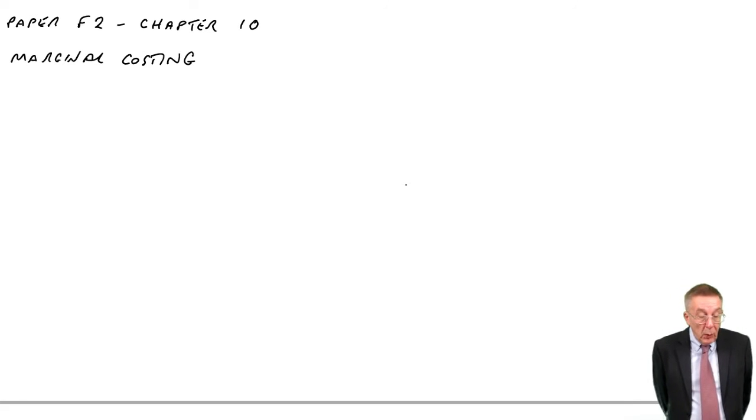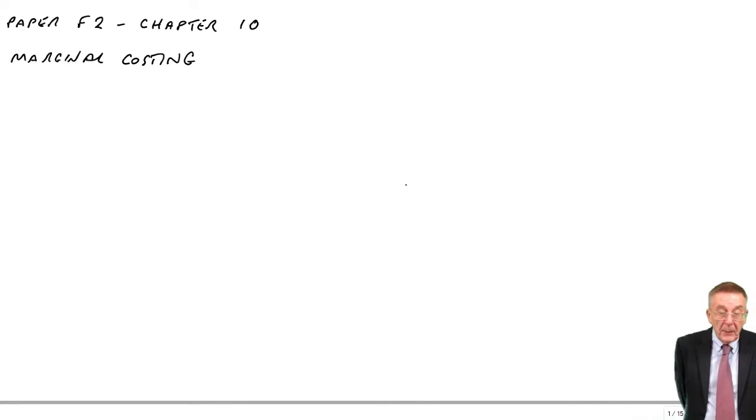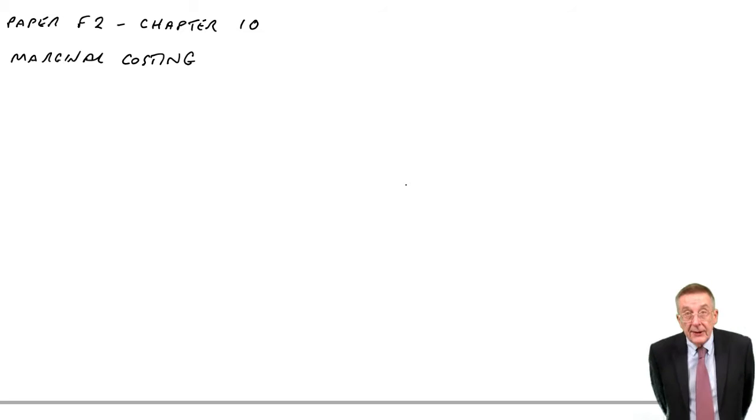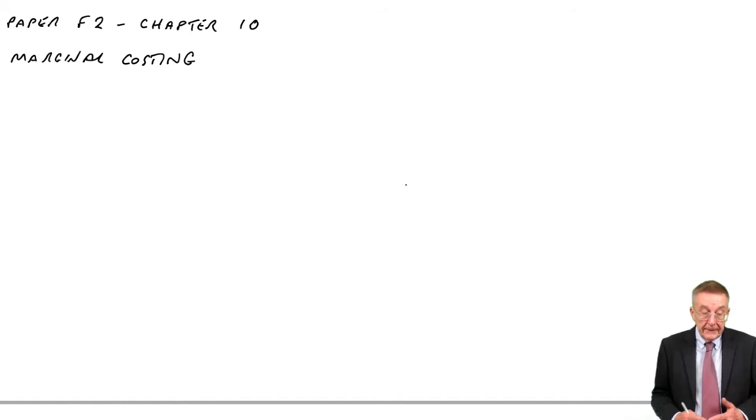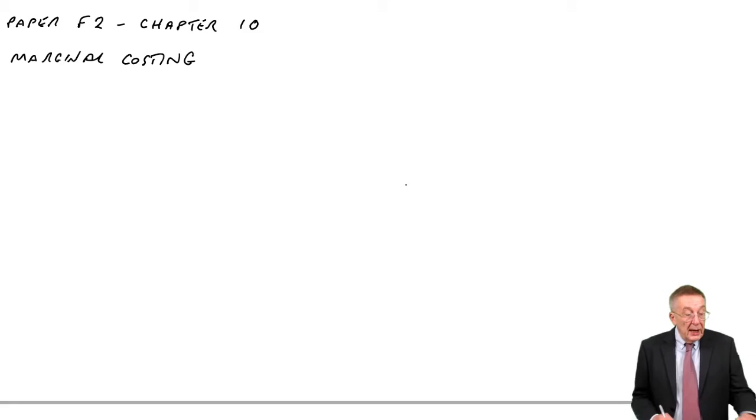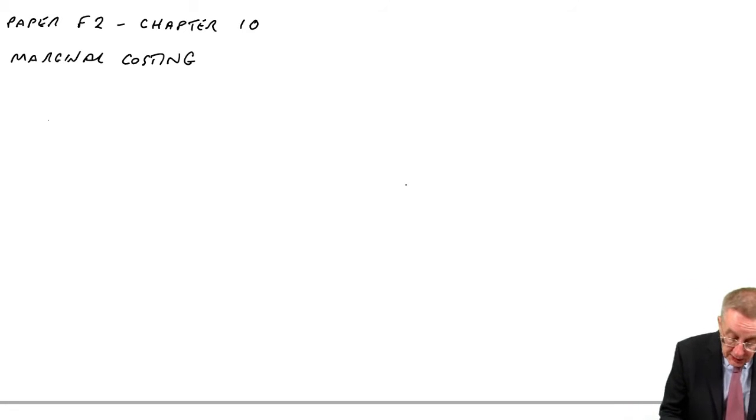If you look at example 1 on the second page, it's exactly the same example that we did in chapter 9, but this time we're going to do it using marginal costing. Part A says prepare a cost card. Well, let's do the cost card.